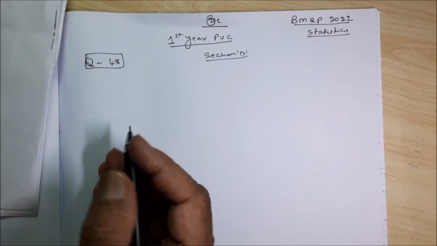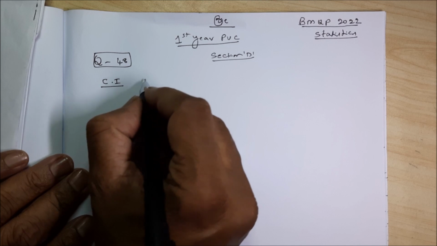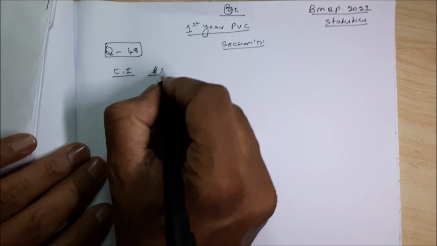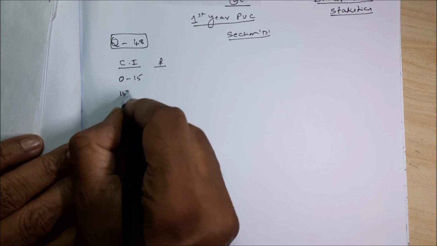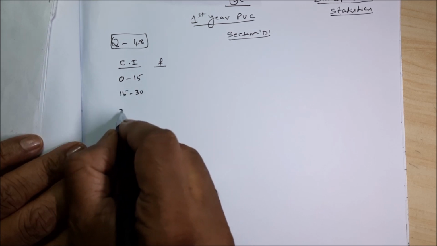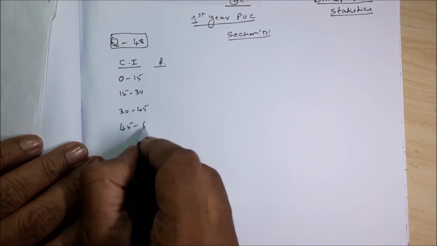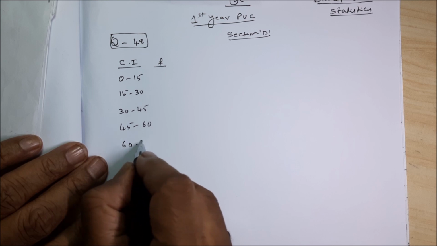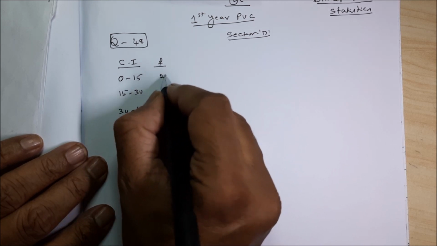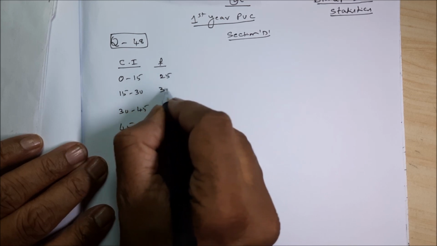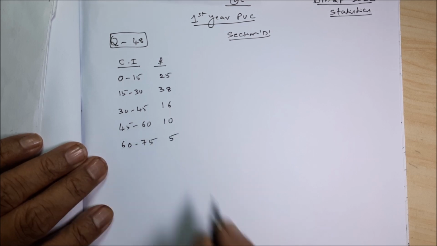So let us write class interval, then frequency. 0 to 15, 15 to 30, 30 to 45, 45 to 60, 60 to 75. Frequency 25, 38, 16, 10, 5.